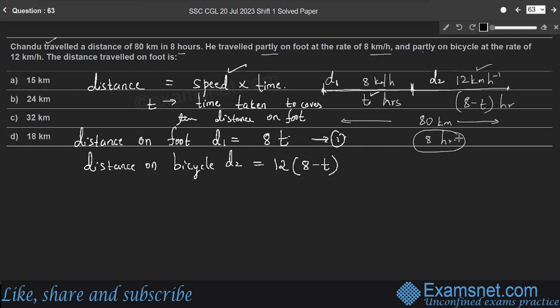Here D1 plus D2 is the total distance, which is 80 km. Therefore, D1 plus D2 is equal to 8T plus 12 into 8 minus T. So 80 is equal to 8T plus 96 minus 12T.